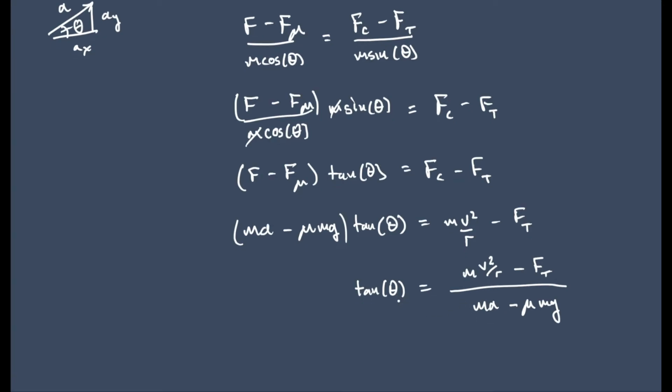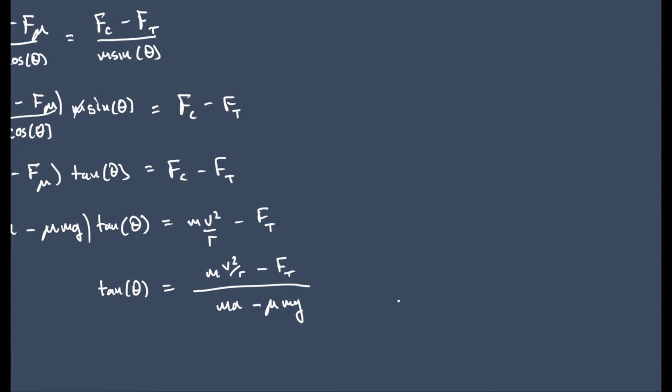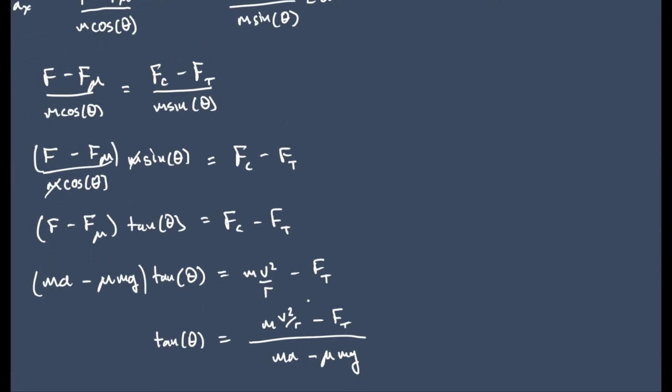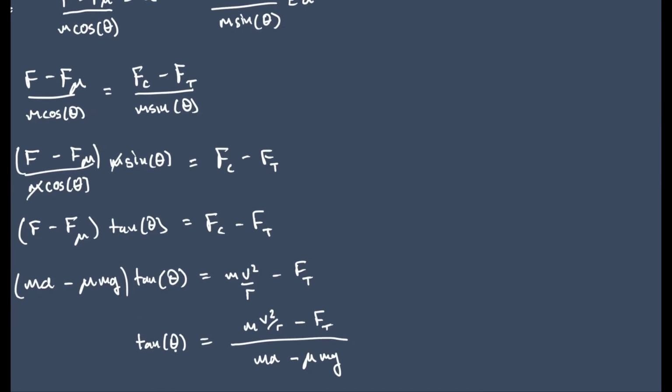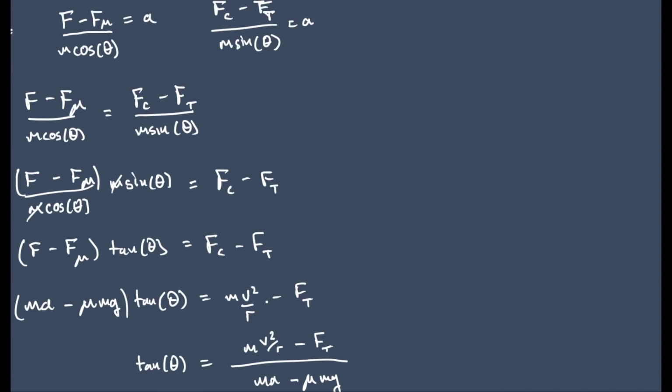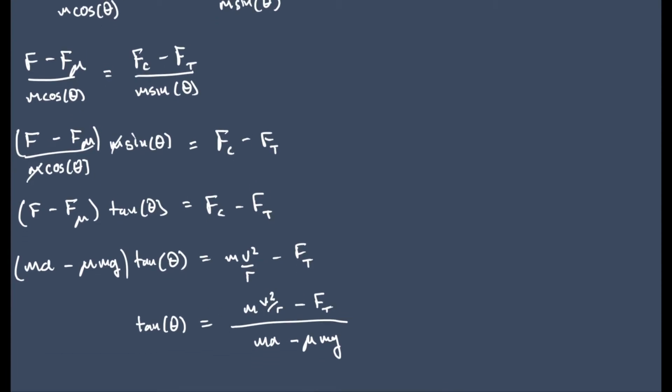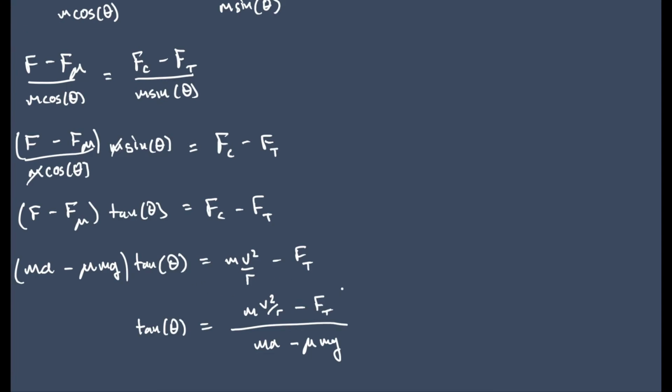All right, so now we want to take a look at this right here. And what we'll find is something very interesting. So when the tangent of theta is equal to 0, that means the numerator has to be 0, right? So this has to be 0.